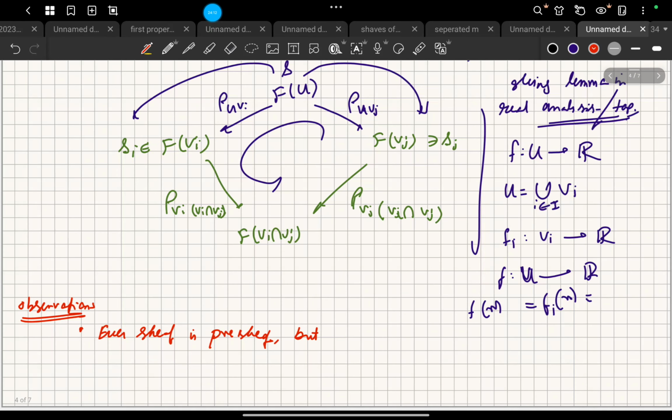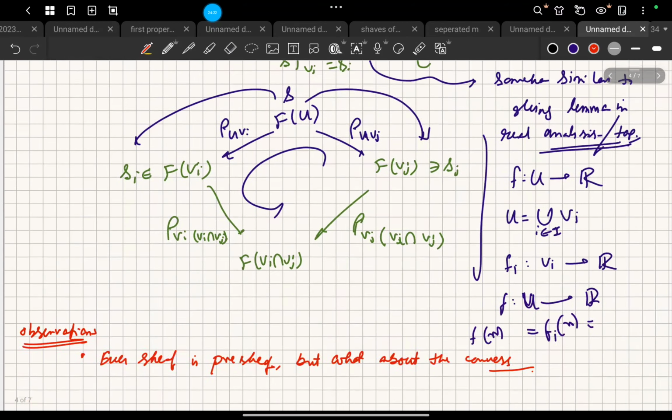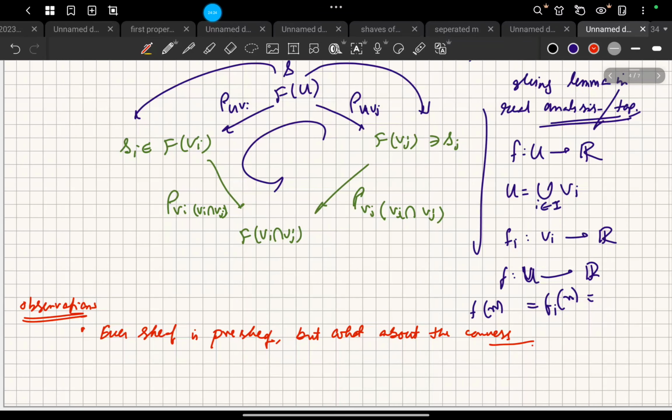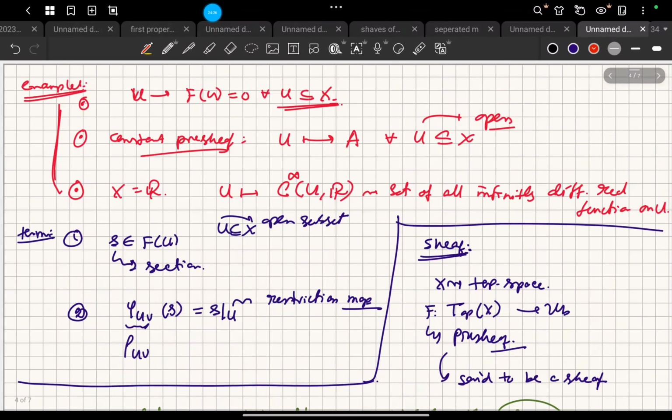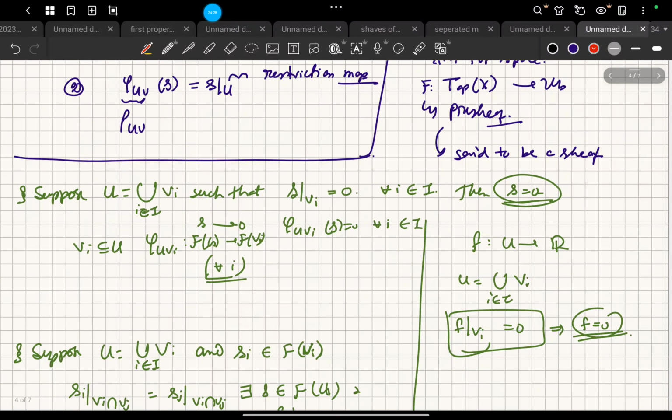But what about the converse? What about the converse statement? Suppose you have a presheaf.